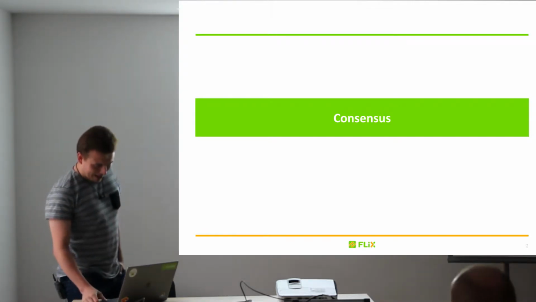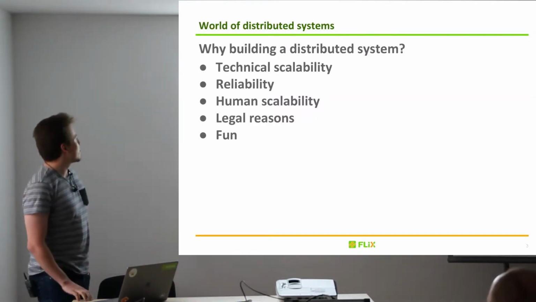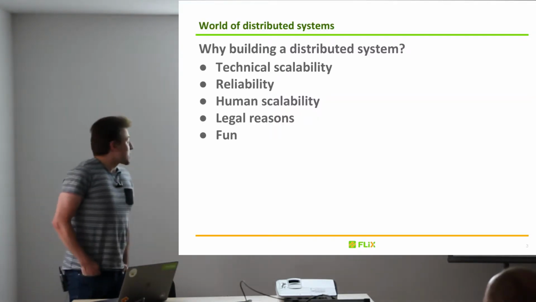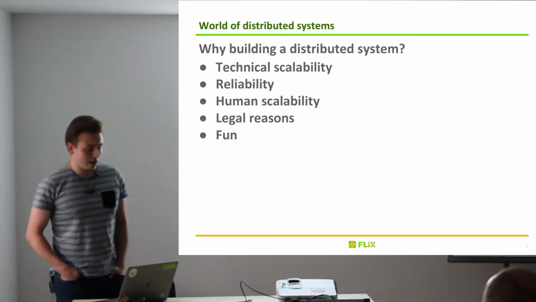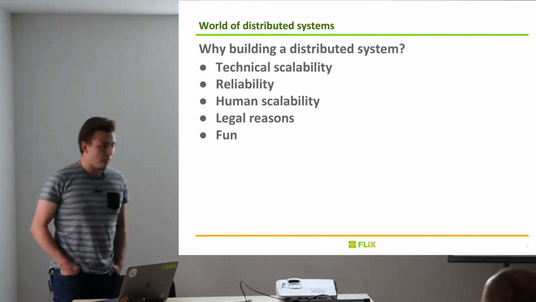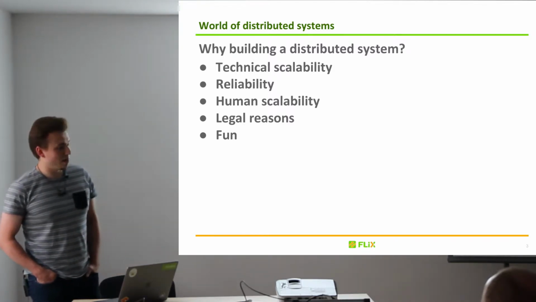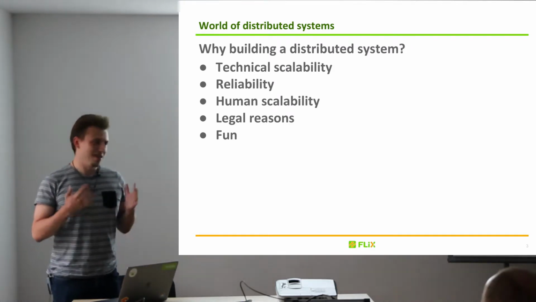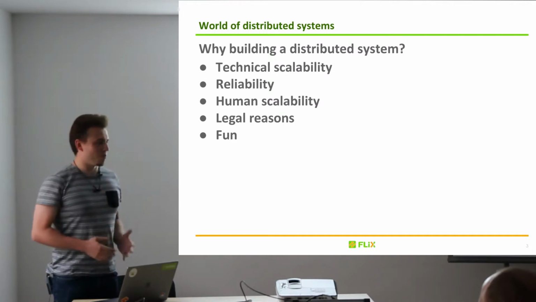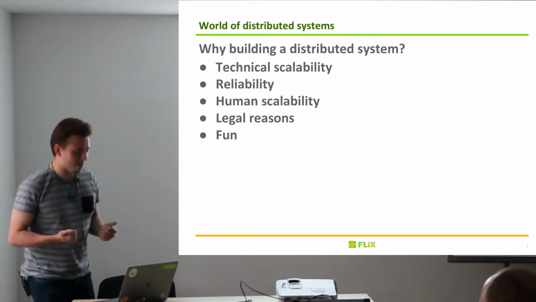Okay, so let's make one step back and discuss why we are talking about distributed systems. Why do we want to build one? Why do we want to use one? So I made a blog about my cat. I like my cat, so I put some photos on a blog and people started coming because the internet is about cats, right?